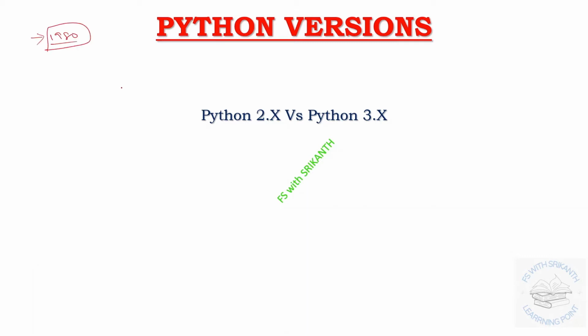The first version of Python, 0.9, was released in 1991, meaning Python became publicly available in 1991. Python 1.1 was released in 1994, version 2 in 2000, and version 3 in 2008, the major versions.